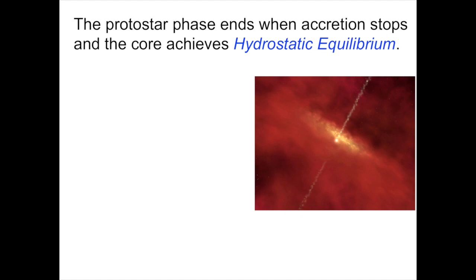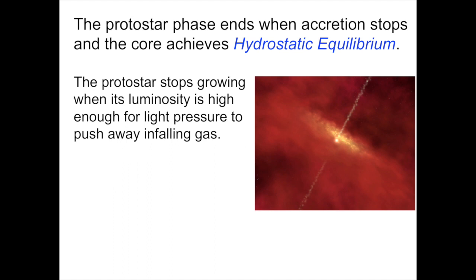Now, it begins to approach hydrostatic equilibrium. Because its mass is as big as it's going to get, the gravitational energy content is now set. As it collapses, it heats up. As it heats up, the pressure grows until you reach the point that basically the protostar stops growing.